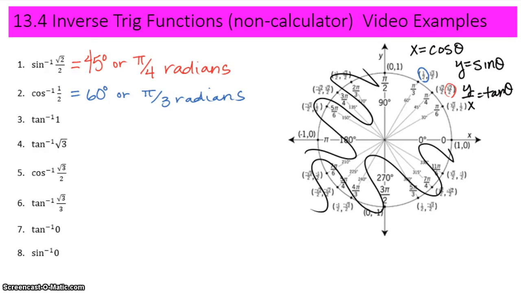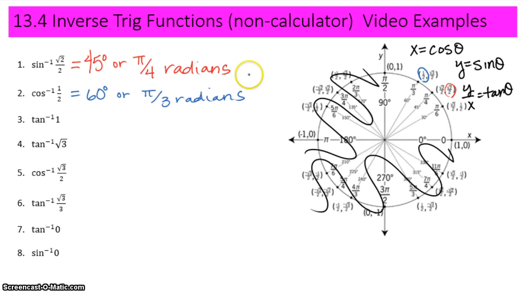So where is the inverse tangent of 1? Which angle has a y over x equal to 1? Okay, so you should be drawn to maybe a couple places. Your axes, your 0 degrees and your 90 degrees, those have some 1s in there. But what's the tangent on each of those?